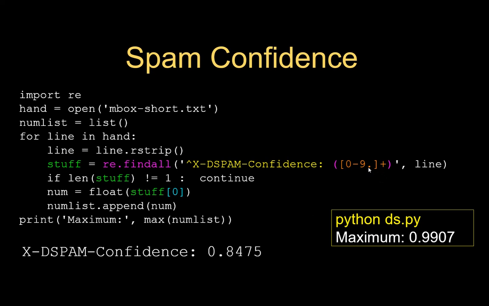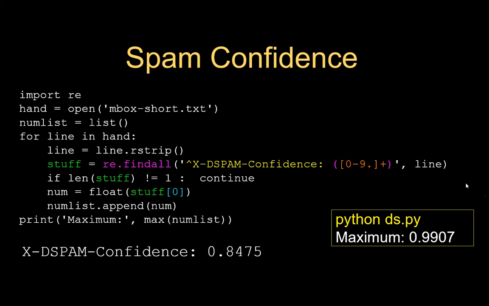But actually this could be any character. So yeah, that's right. Here we have one digit between 0 and 9, and after that we have any other character, and we can have one or more of that sequence.